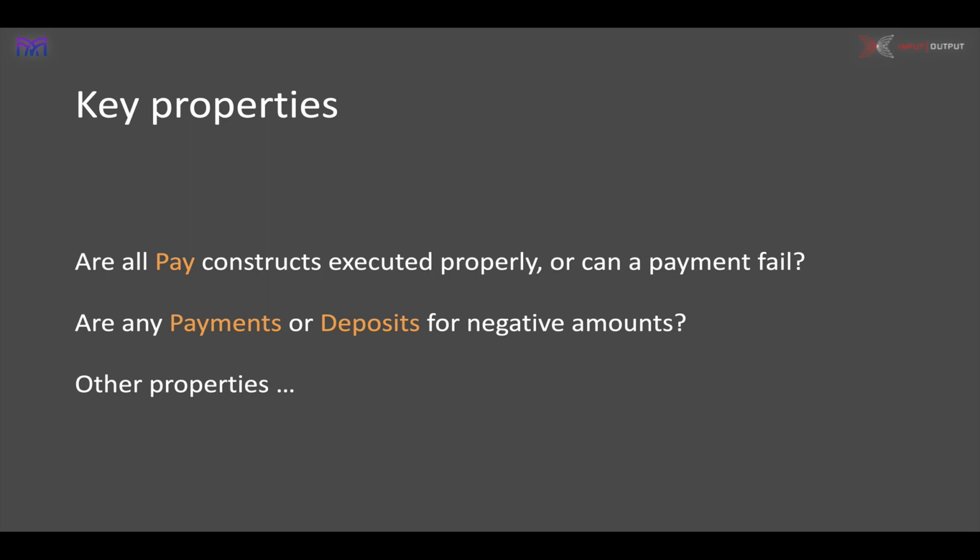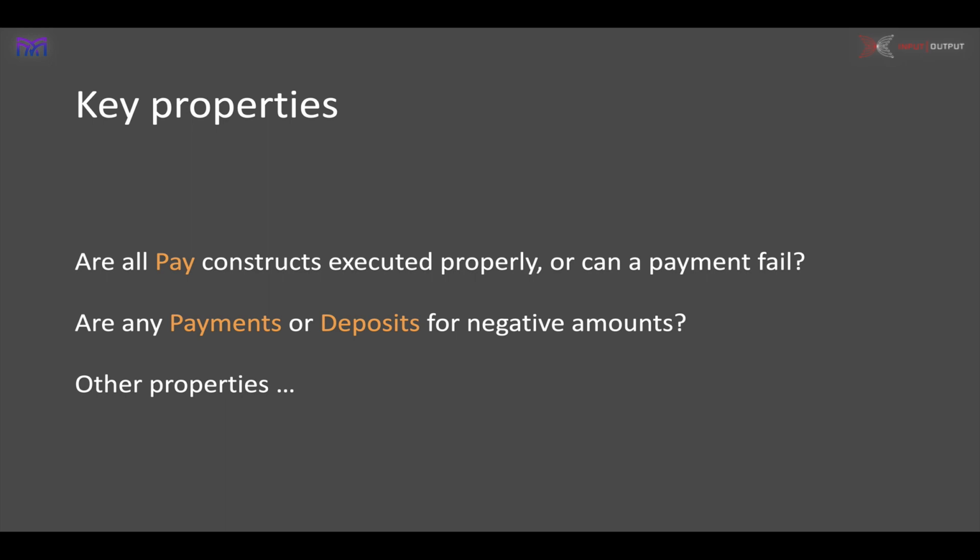Another property we can check for is whether any payment or deposit in the contract is going to be for a negative amount. That doesn't make sense, but the contract may, just because of the mechanics of the way it's been written, have that possibility. We want to be able to check that can't happen.